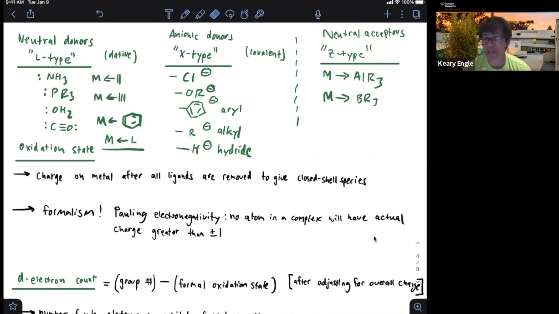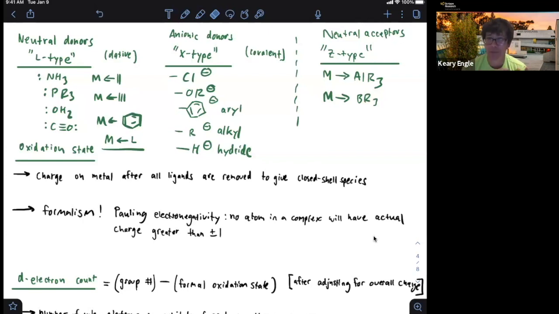Another flavor is anionic ligands, so-called X-type donors. And these are said to engage in covalent bonding as opposed to dative bonding. This includes halides, alkoxides, carbogenic substituents like aryl groups, alkyl groups, as well as hydro groups.